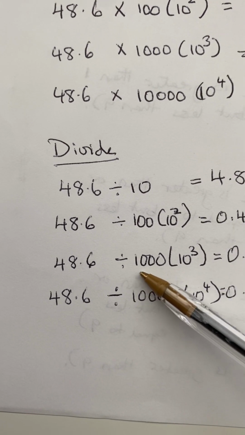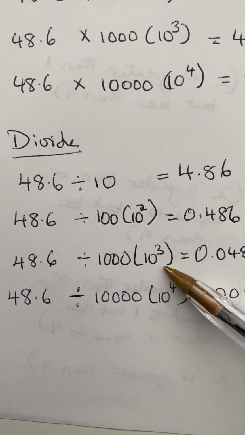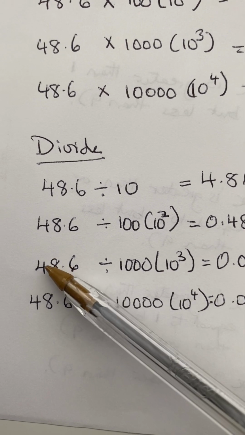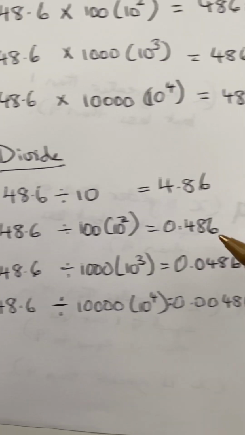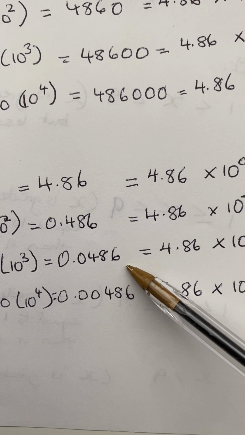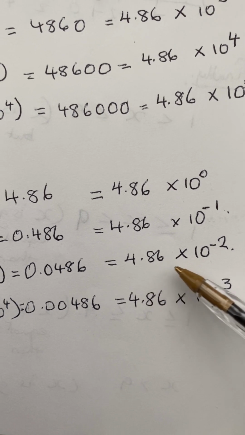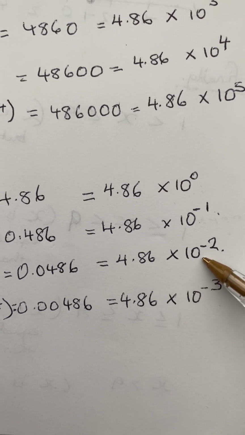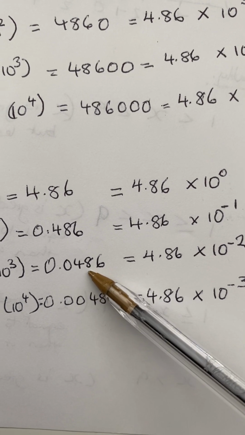48.6 divided by 1000, 10 to the power 3. So 1, 2, 3. So we have 0.0486, which is equal to 4.86 times 10 to the power minus 2. So the decimal can be between 4 and 8.